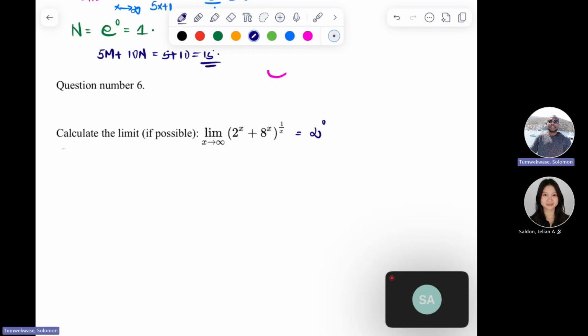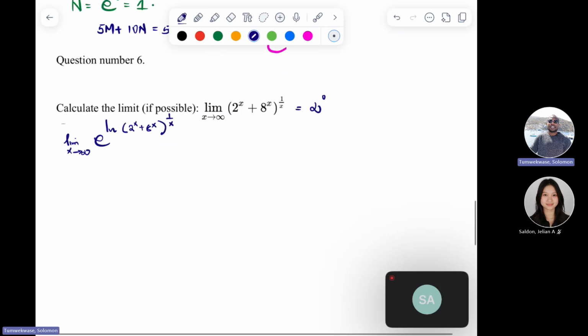logarithm trick. And the logarithm trick says this is the limit as x approaches infinity of e to the natural log of this same function, 2 to the x plus 8 to the x, then to the power 1 over x. When I take the limit on top, this guy will be e.